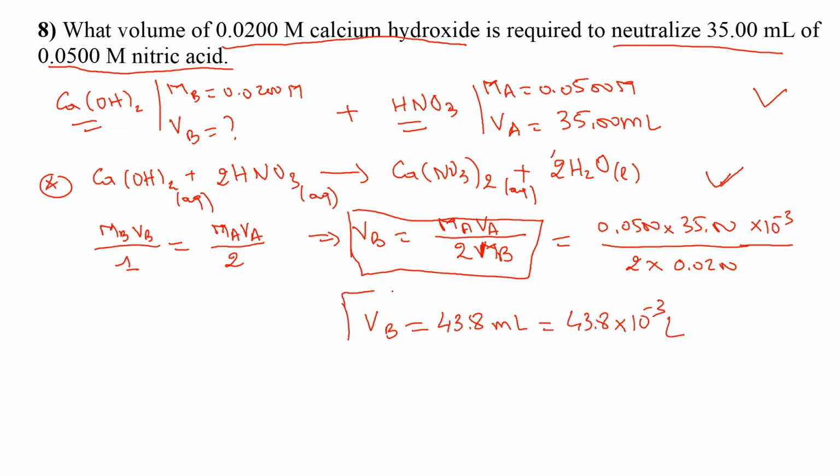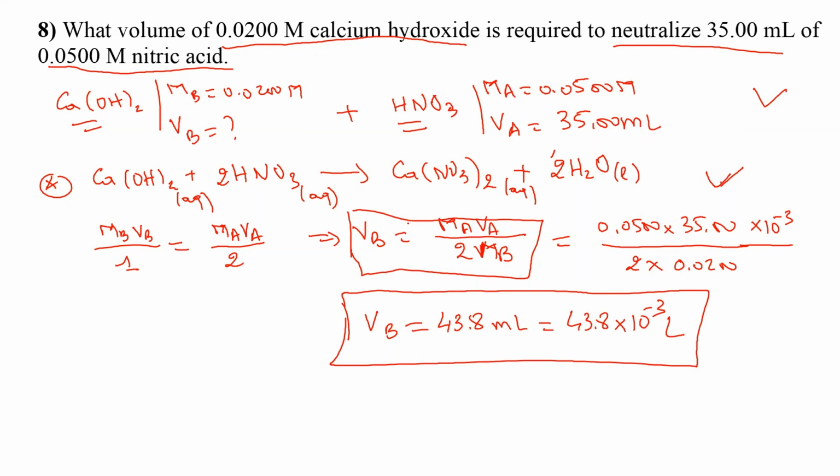Okay. So if you don't use the chemical equation and balance it, you are not going to be able to solve this type of problem. So always check the setup and write the chemical equation, and then use the relationship between the number of moles and the concentration and the volume, and you can easily solve this type of problems.